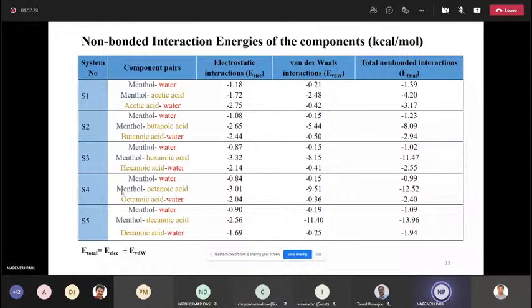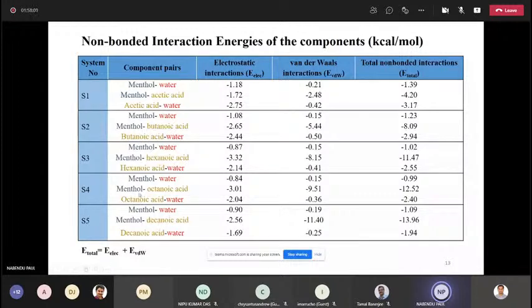Whereas if you see the HBA-HBD part, that is menthol-acetic acid, and compare for all the systems, you can see that for acetic acid it is 4.20, but for butanoic acid it is increasing to 8.09, then 11.47 for hexanoic, then 12.52, 13.96. It means that the menthol HBA and the organic acid HBD, if we increase from lower to higher chain, a larger number of carbon atoms, the hydrophobic tail is increasing, which repels water.